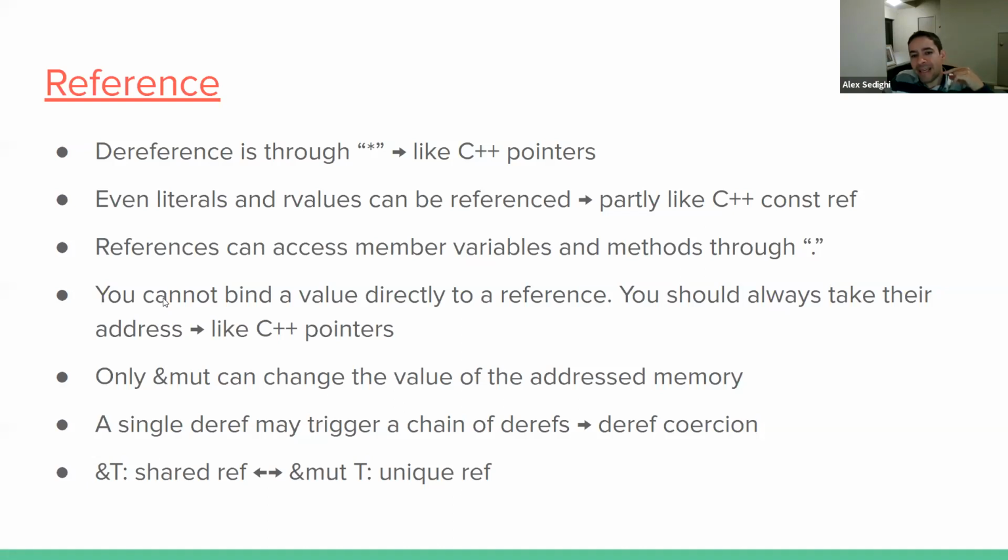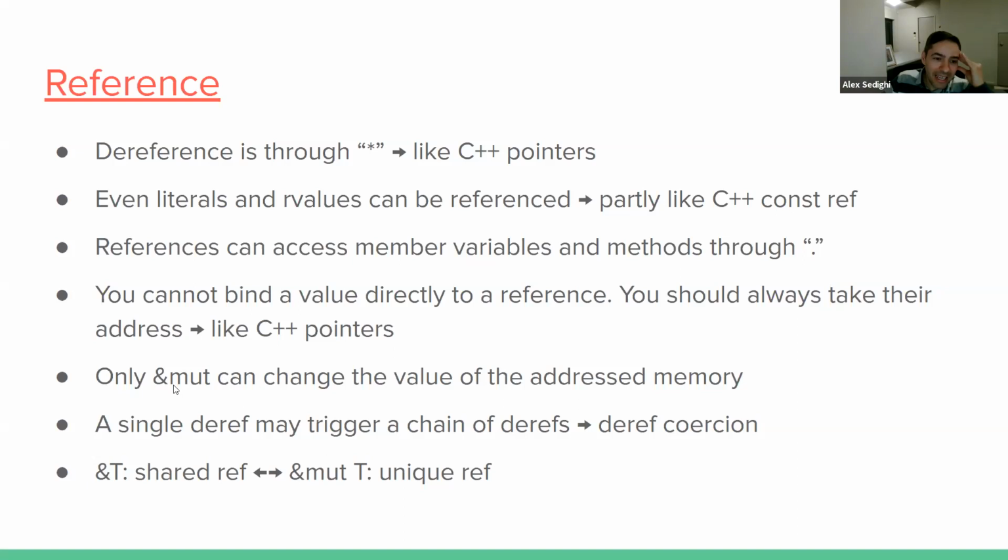But when your function, for example, has reference input parameters, you cannot pass a value directly as you can in C++. You should always take its address and pass it. So they are not exactly the same thing.